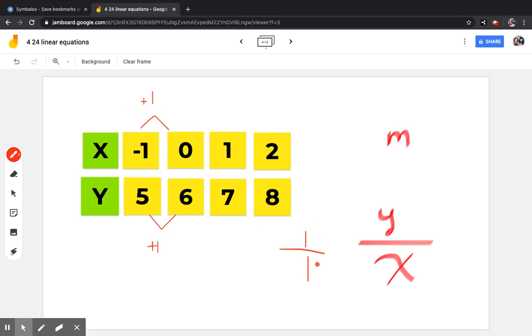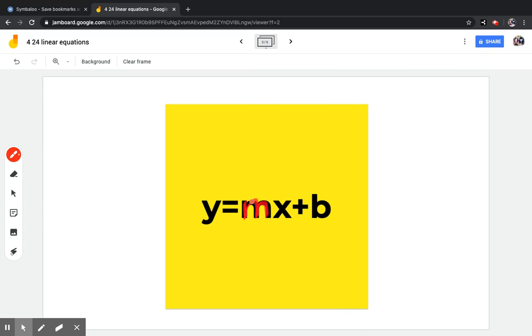So 1 divided by 1, or 1 over 1, equals simply 1. That one's nice and easy. They're not all this easy. All right. So in my equation, y equals mx plus b, I can replace this as y equals 1x plus b.